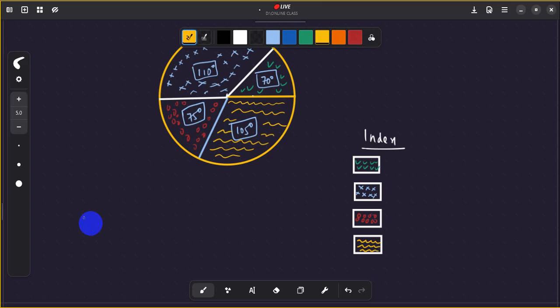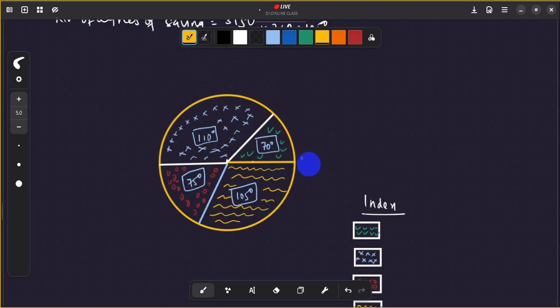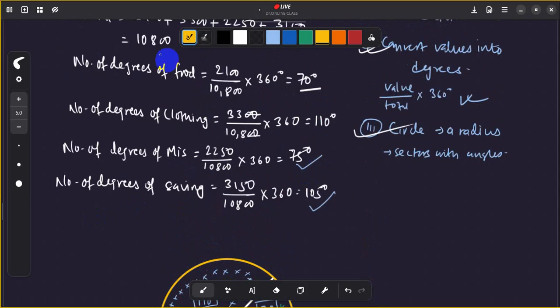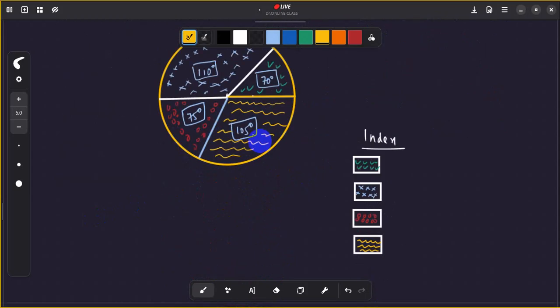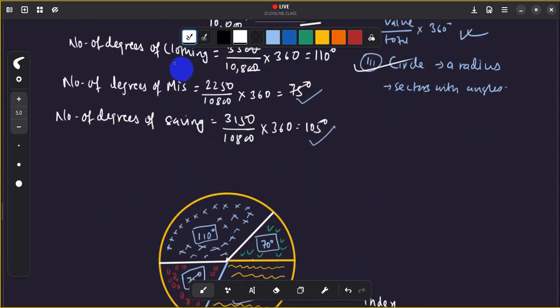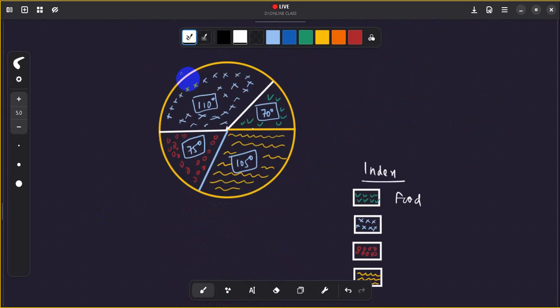Now we'll write which symbol is used for which item. So the first, 70 degrees, is for food, so we can name it as food. Similarly, the second one, this cross 110 degrees, is of clothing, so we'll write clothing here.